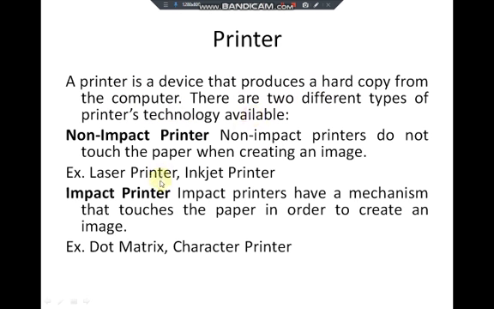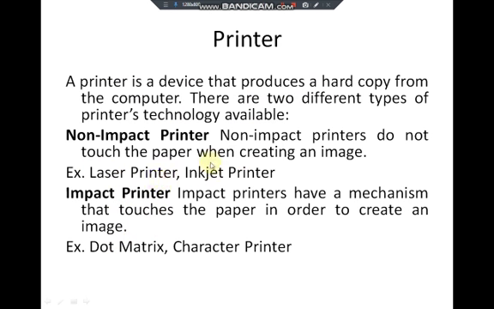There are two types of printer: impact and non-impact. Impact means the printer touches the paper while printing, and non-impact means it doesn't touch. Examples of non-impact printers are the laser printer and inkjet printer, and for impact printers, the dot matrix printer and character printer.